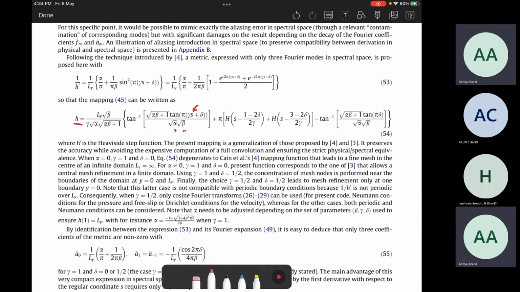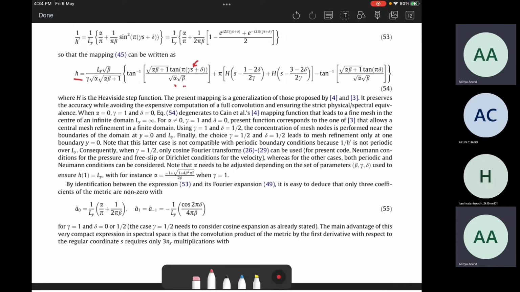With this, you can get Y as a function of S, where Y has a specified resolution. With some simplifications, you can get a simplified expression for H here. Anyways, these have already been implemented in the code, so you do not have to worry about these as of now, unless you need something very specific.